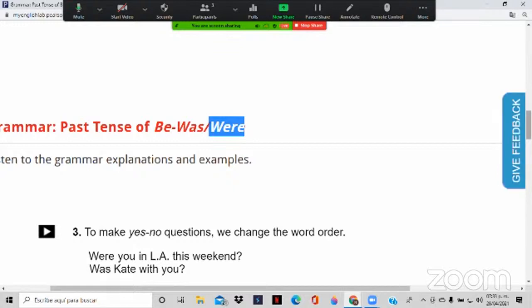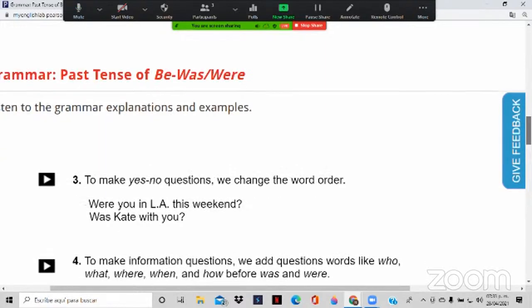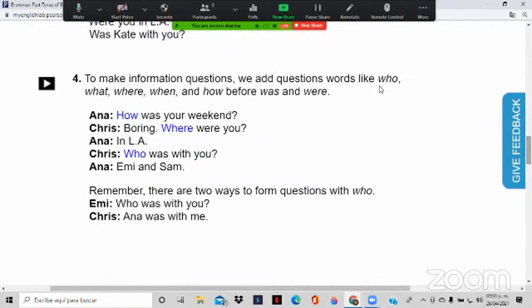Y justo llegaste cuando estaba haciendo la diferencia entre las pronunciaciones were y where, porque where es dónde. Cosa que también ya estamos viendo aquí, por ejemplo, where, para hacer preguntas informativas. O sea, ¿dónde, cómo, cuándo, por qué?